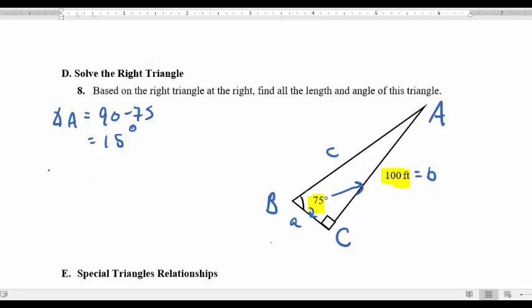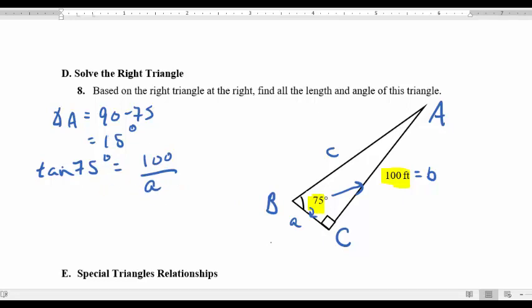So what we're going to write is we know the tangent of 75 degrees, right? Because now we know what the angle is. It's not tangent of theta, it's tangent of 75 degrees, and it's going to be equal to the opposite, which is 100, over the adjacent, which is A. So how can we solve this? We can basically think of this as cross multiplying, right?